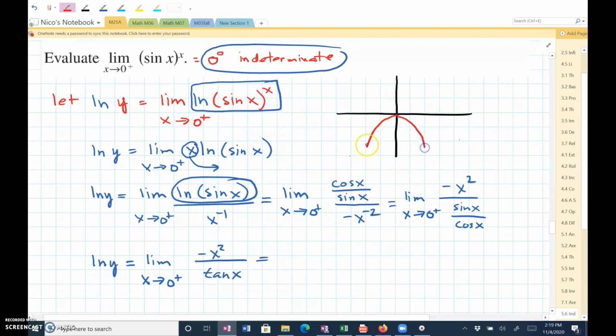Negative x squared, as x is approaching 0 coming from the right, that's going to be 0. And the tangent function would be like this. It's also going to be 0, so this is going to be an indeterminate.